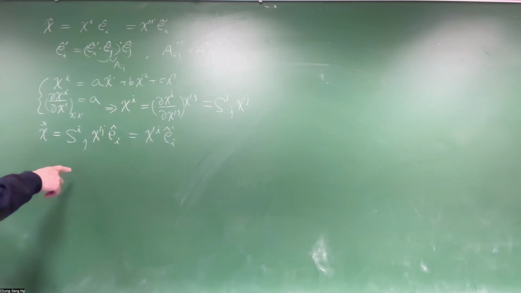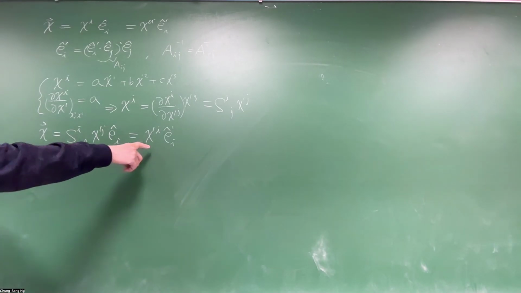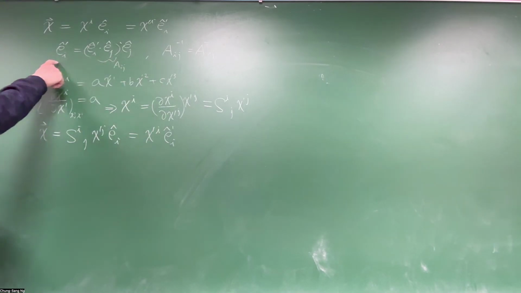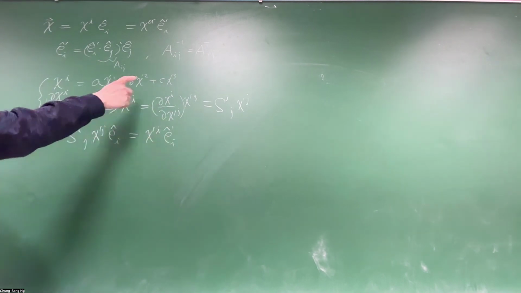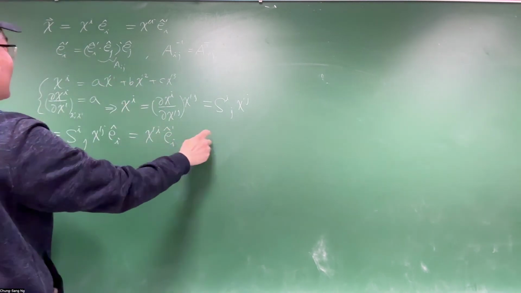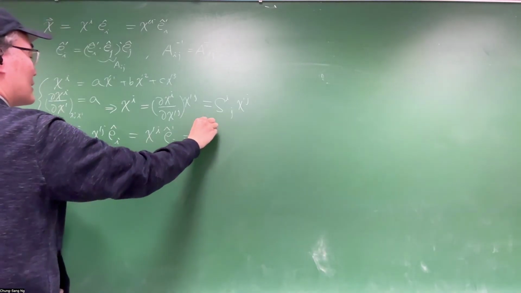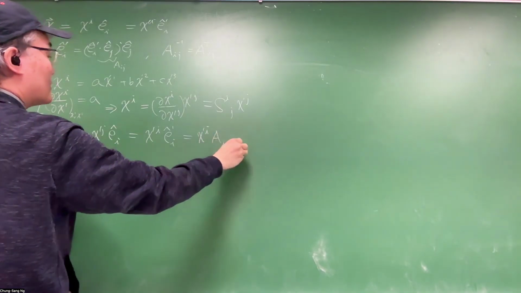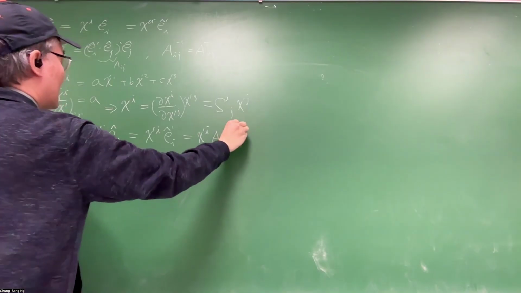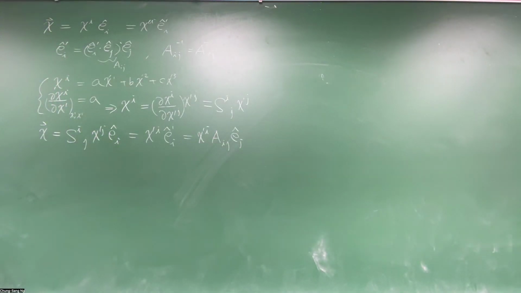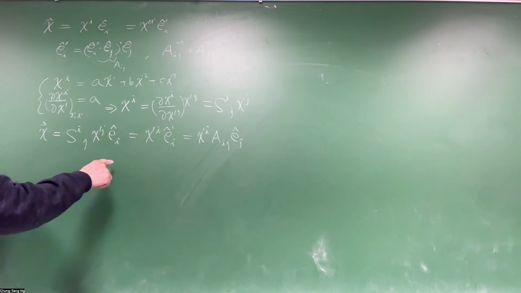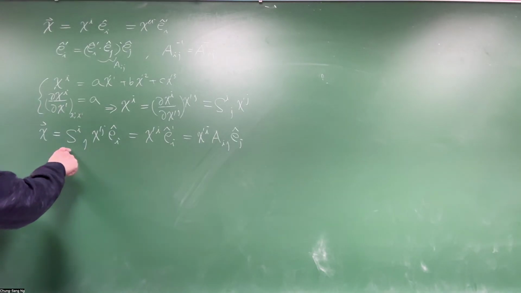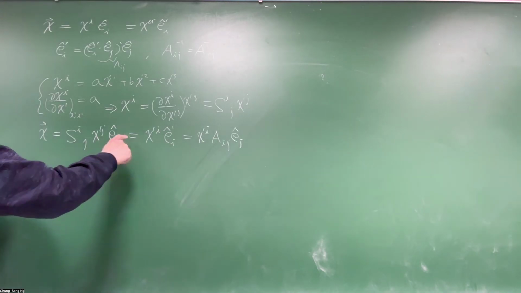So now you can use this one. Whatever we did before we discussed this, there's another matrix we call A. This A i j e j. Right. And now we can equate this one because both have the x prime.